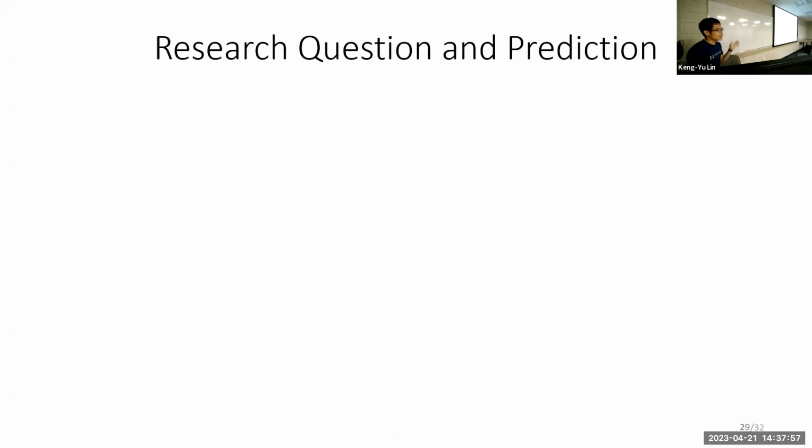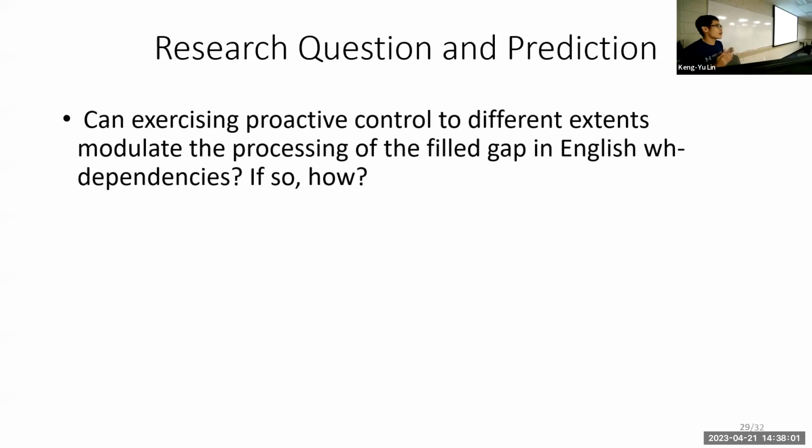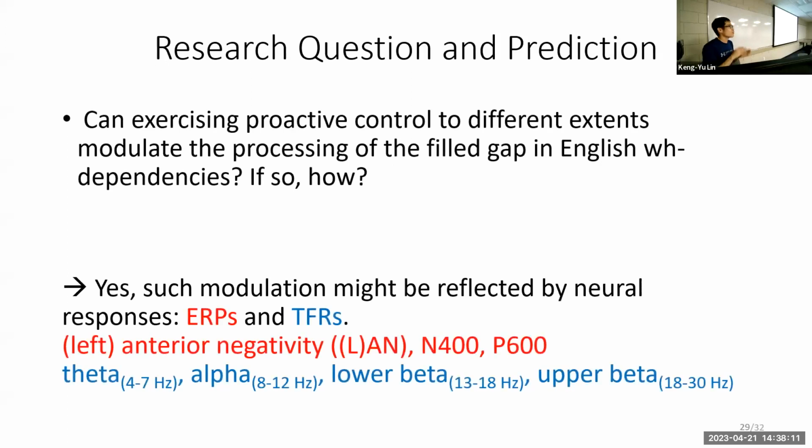So going back to our research question and prediction: can exercising proactive control to different extents modulate the processing of filled gaps in English WH dependencies? If so, how? Based on our result, our answer is yes, and such modulation is reflected in the differences we see in the N400 component and the upper beta frequency band in the TFR result.